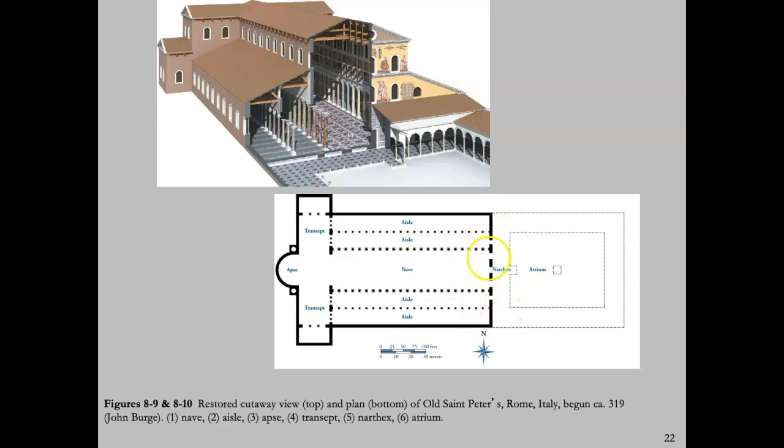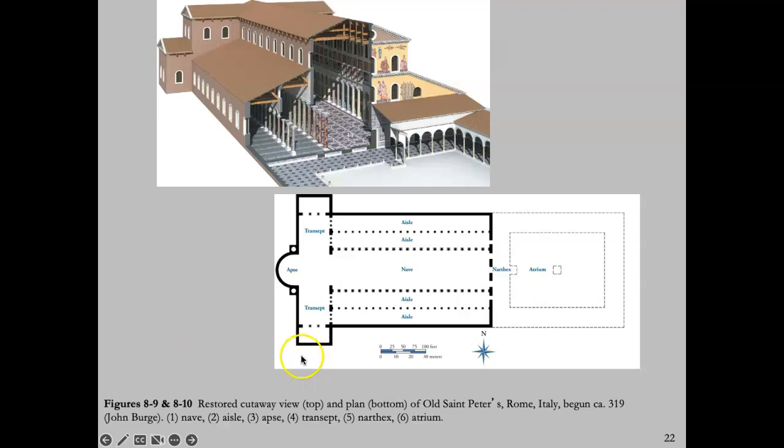And then you walk through a nave, which is a large rectangular aisle in the center of the building. It would be flanked on either side by aisles, which are smaller aisles that allow for flow on each side of the central nave. As you walk through, you have a clear direction because in front of you is an apse, which is essentially a half dome.